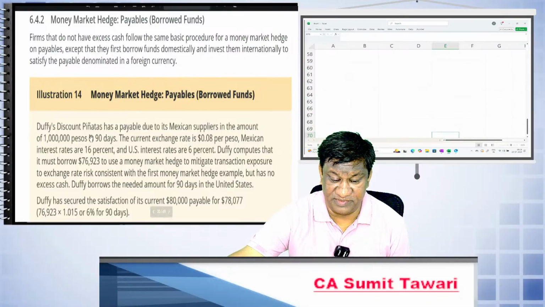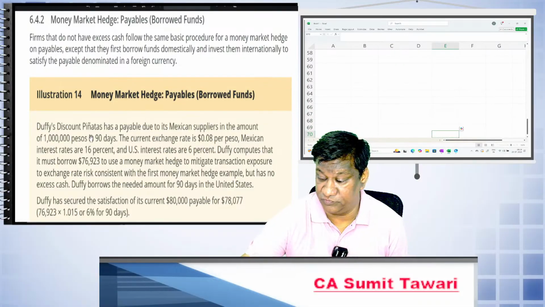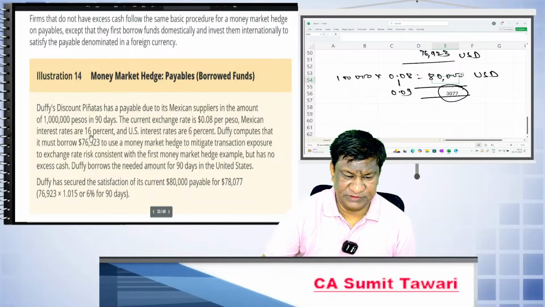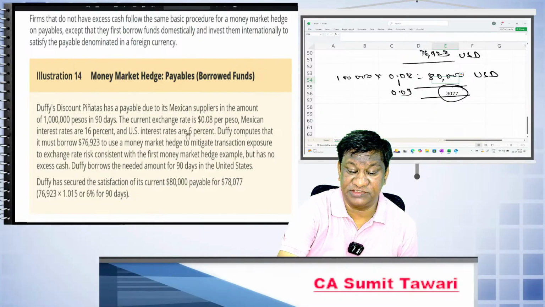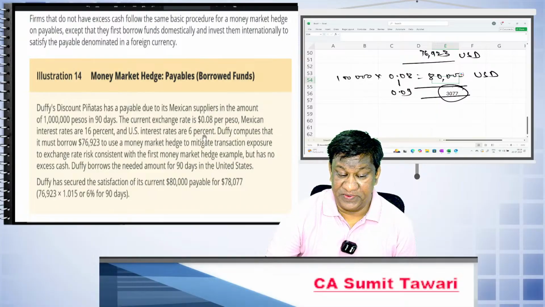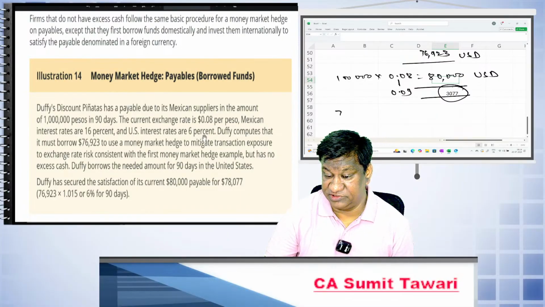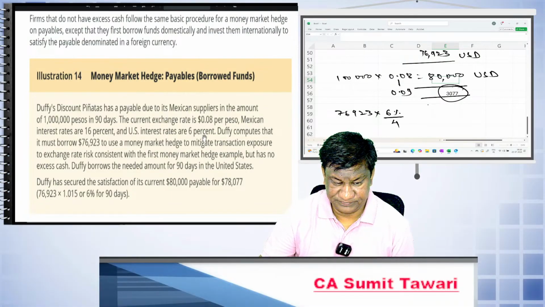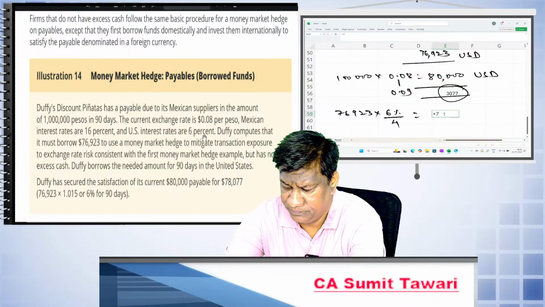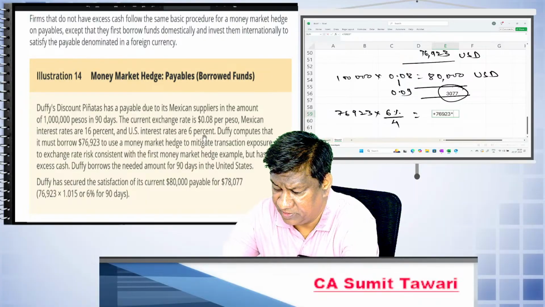Again, the same example, if I do not have surplus money, then what would be the situation? So it is 90 days, 16%. US interest rate is 6%, it is given. So you need to pay additional interest on 76,923, multiplied by 6% divided by 4, roughly 76,923 multiplied by 1.5%.